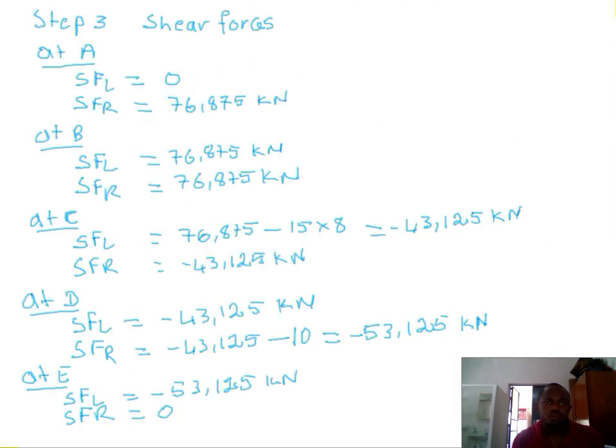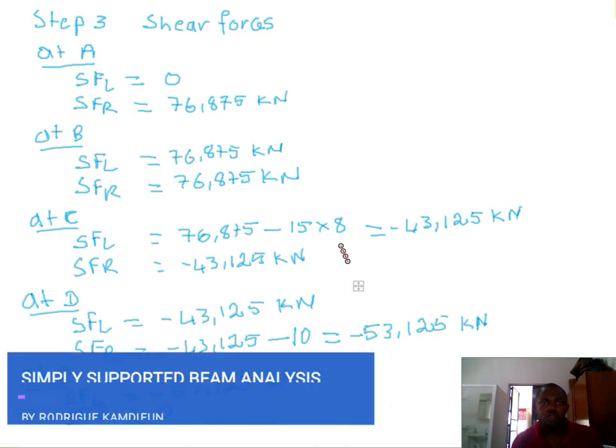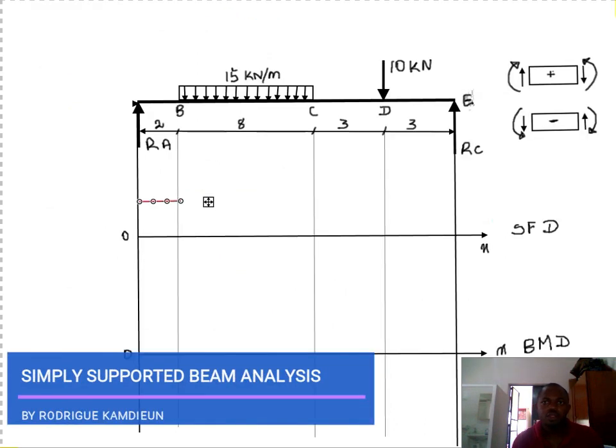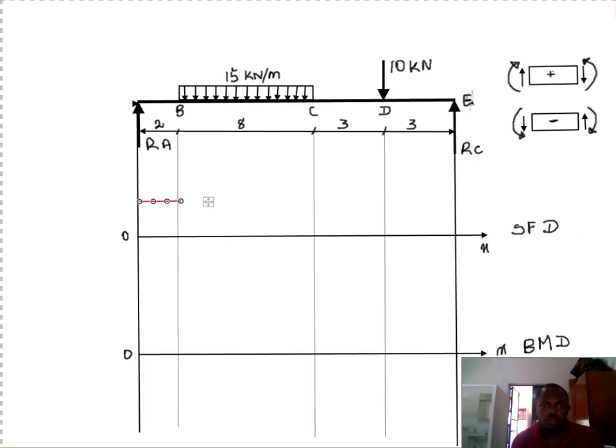From B to C, we got minus. At C left, we got minus 43,125. So from here, this is how it looks like.